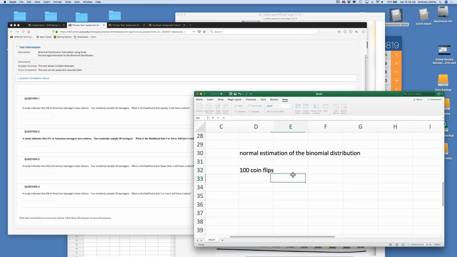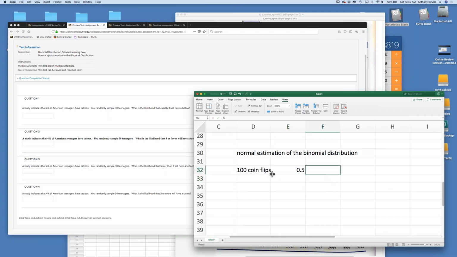We would expect that out of those 100 times that we flip it, if it's a fair coin, 50% of the time we would get a head or a tail, right?